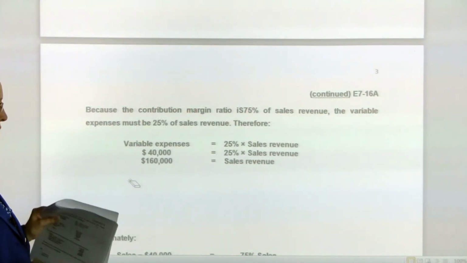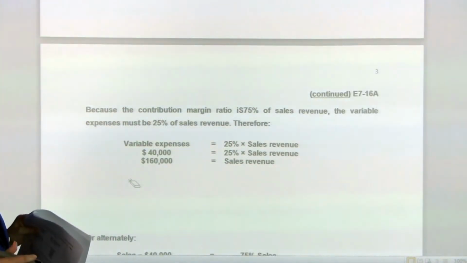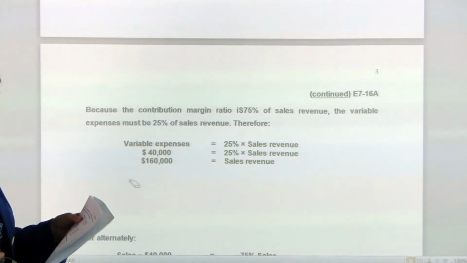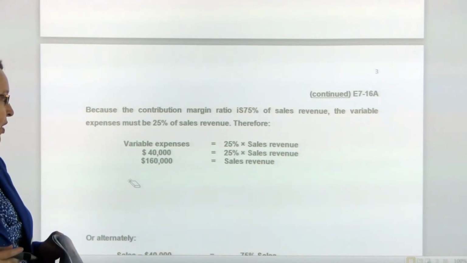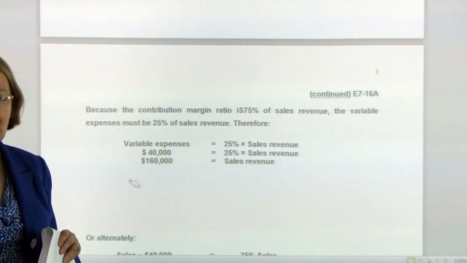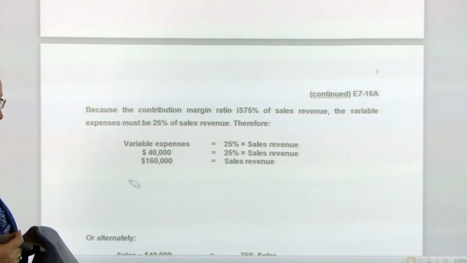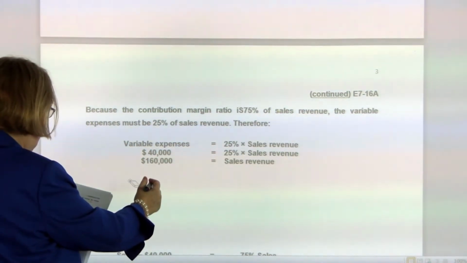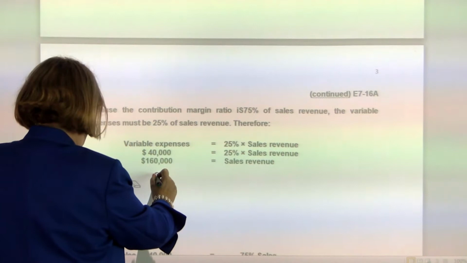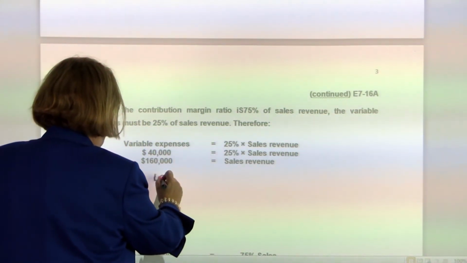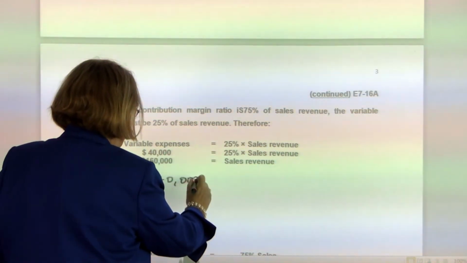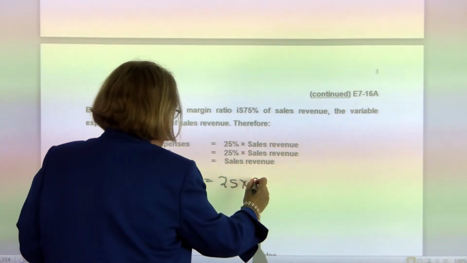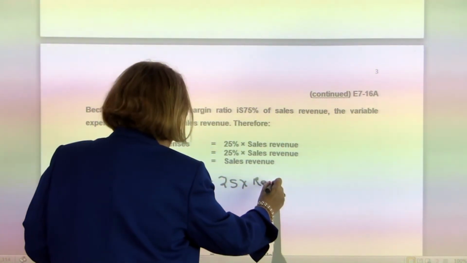So now that we know that our variable costs must be 25% of sales, and we know what our total variable cost is, we can then use those two pieces of information to calculate the sales revenue. So what you're doing here is you've got your 40,000 equals 25% times your sales revenue.